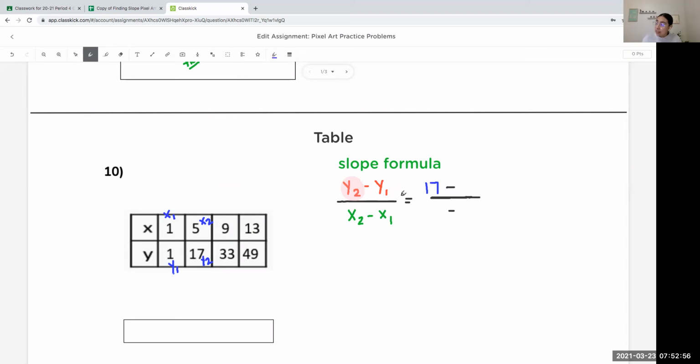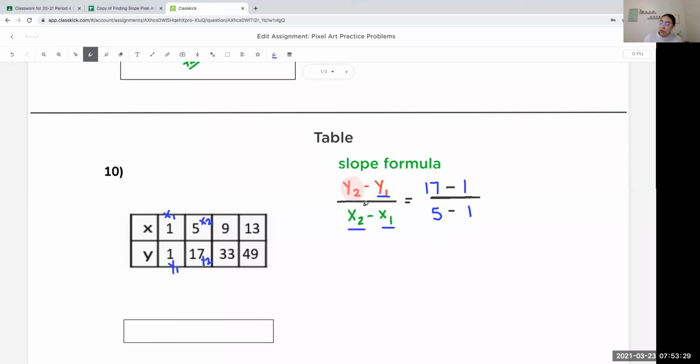Now I need to keep going, minus y1. What number did I pick as my y1? Thank you, 1. Just plugging in the numbers I picked. x2, what number do we have as our second x? Thank you, 5. And what number do I have as my first x? Yes, 1.